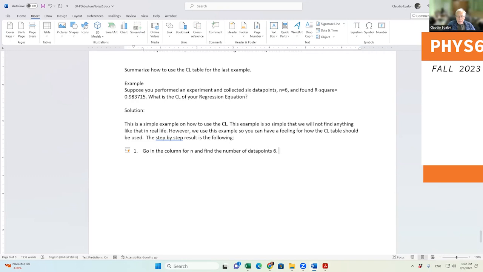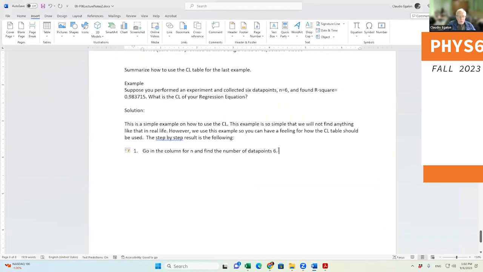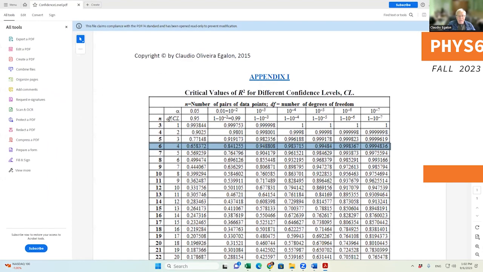Here you go. Here's the column for n. N stands for number of data points in your graph, and that's what 6 is. Highlight. Here you go. 2. Highlight the horizontal row for n equal to 6, just like I did. I highlighted this horizontal row.